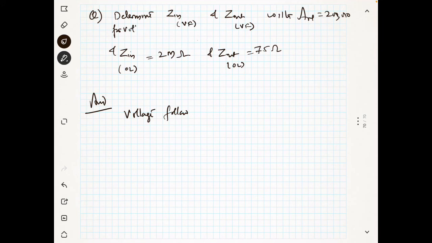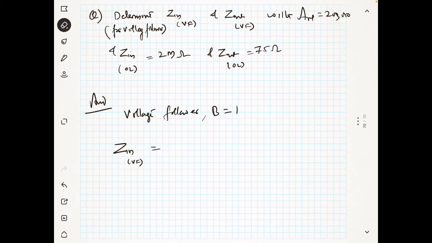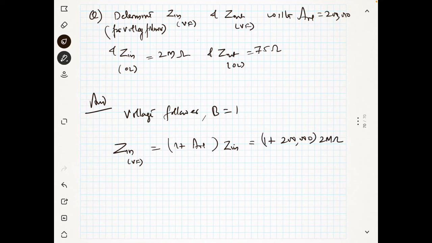Since it is a voltage follower, we have B equal to 1. So Zin for the voltage follower is equal to 1 plus AOL into B, and B equal to 1 here, into Zin. You will get this answer as 1 plus 200,000 into 2 mega, which is equal to 400 giga ohm. It's very high, it's almost infinity, you can say.